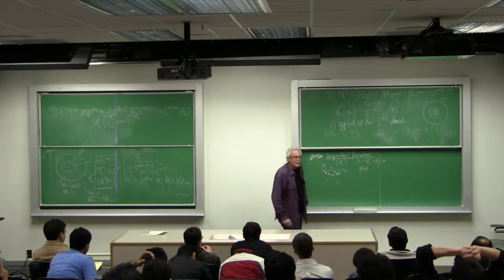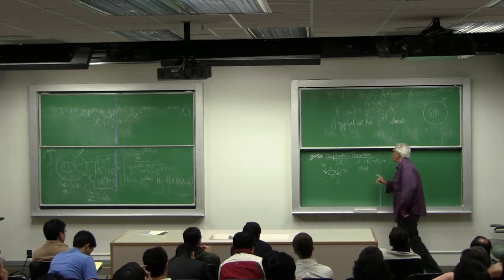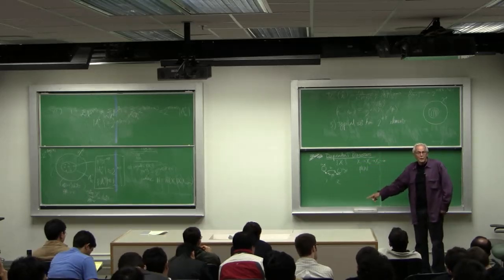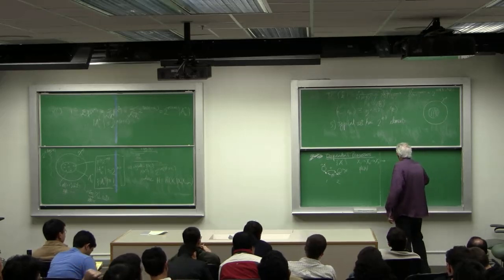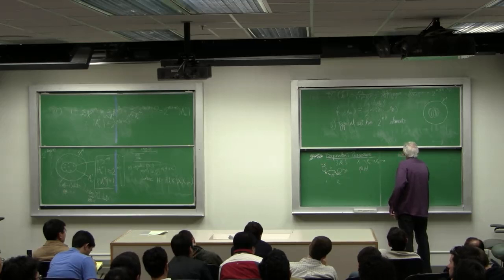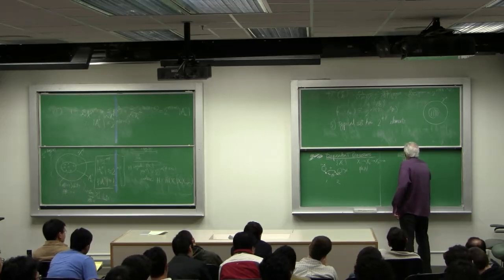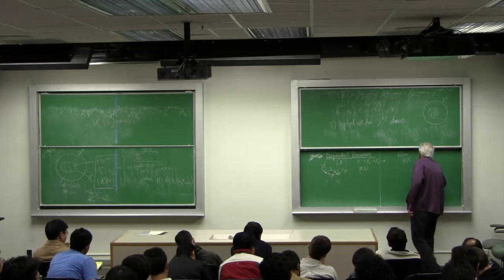How random is such a process? Well, there are two notions of randomness for this having to do with entropy. One is, let's calculate the entropy of n of them.